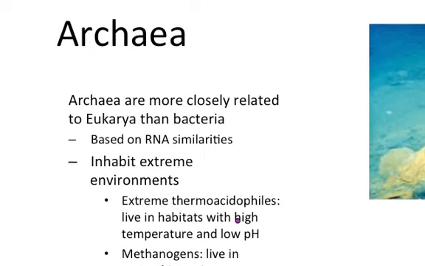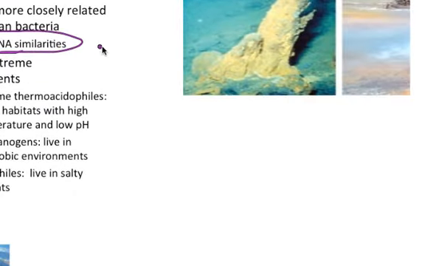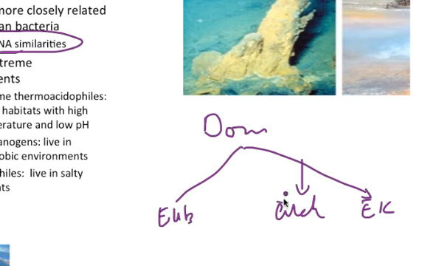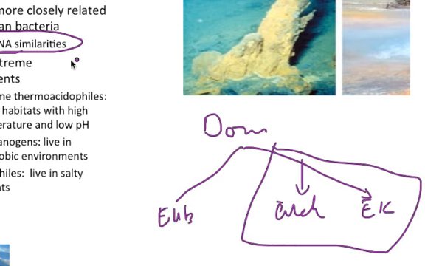Then we have the extremes here. We have the archaea. The similarity of their RNA sequences is why they're closely related to the domain Eukarya. In class, I drew this diagram where here you have the domain Eukarya and the archaea, and then the true bacteria are the eubacteria. The reason why the archaea are on this end of the domain is because of the similarities of their RNA.